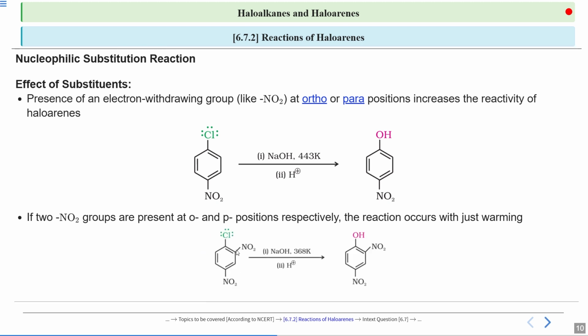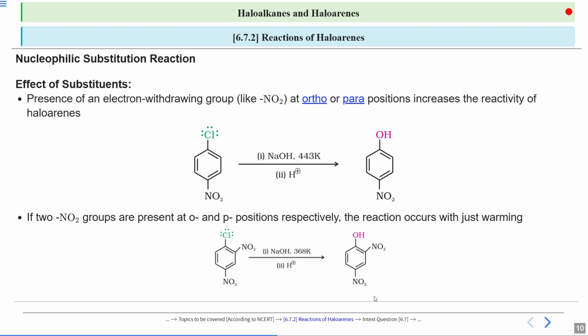You can see we have this benzene ring where two NO2 groups are present, one at the ortho carbon, another at the para carbon, and we have chlorine at the first carbon. You are doing this reaction with NaOH, sodium hydroxide, and then the proton, and you need the temperature 368 Kelvin, which is even lesser.